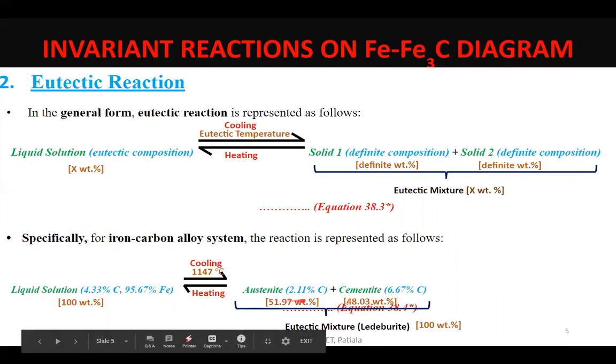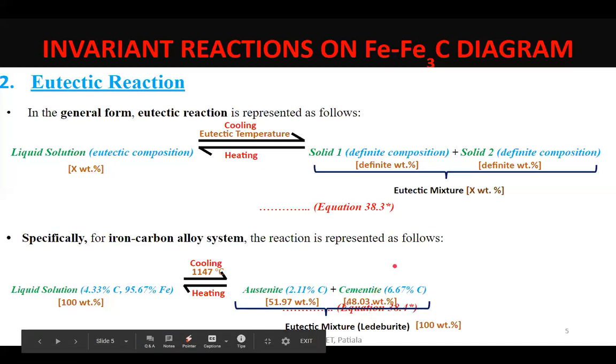They are newly formed through the eutectic reaction in the weight ratio of 1:1. And this mixture of eutectic austenite and eutectic cementite is referred to as the eutectic mixture called ledeburite.